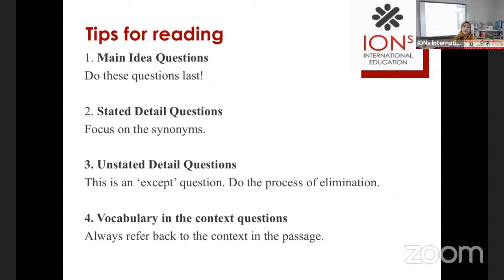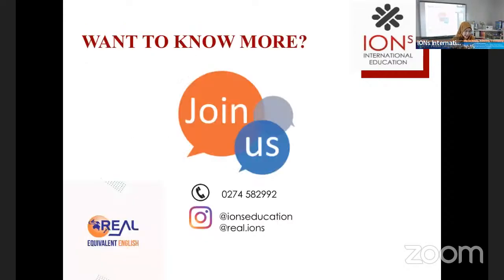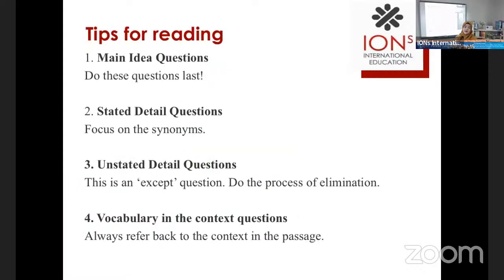Kalau ada vocabulary questions, you can find the answer from the text. Jadi teman-teman bisa mencari kira-kira artinya apa berdasarkan konteks kalimatnya.